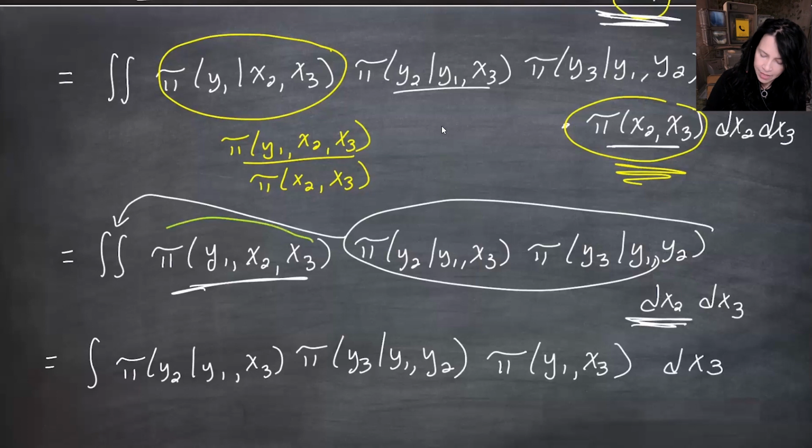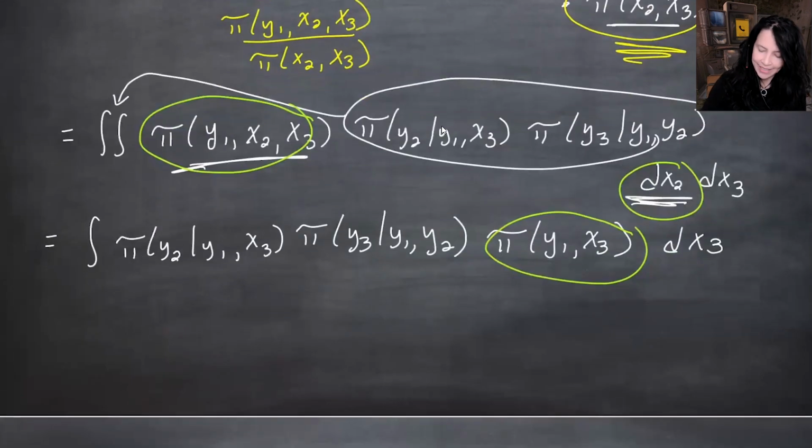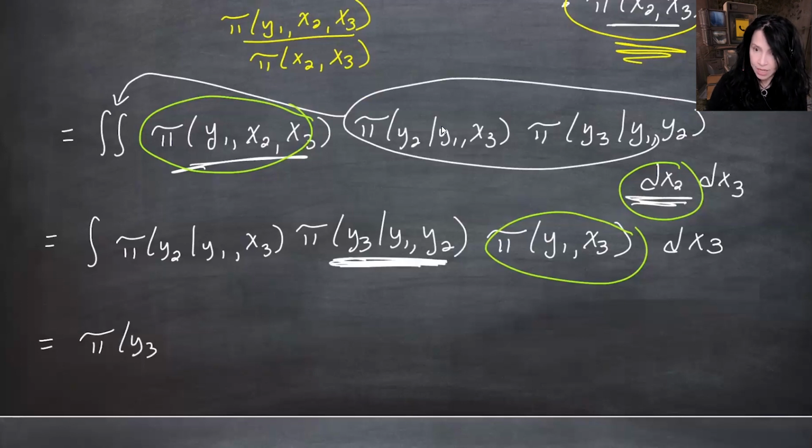So this integrated with respect to this gave me this. Actually, this guy could have come all the way out at the very beginning because there's no x's in there at all. I've got pi of y3 given y1 and y2.